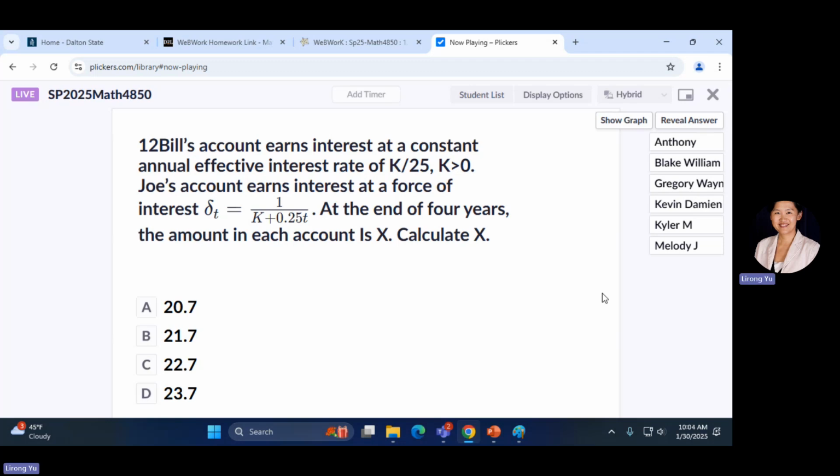If the annual effective interest rate is i equal to 1 over 1.25, then I think it was maybe the substitution on the interval. Because we ended up with 4i equals VR.